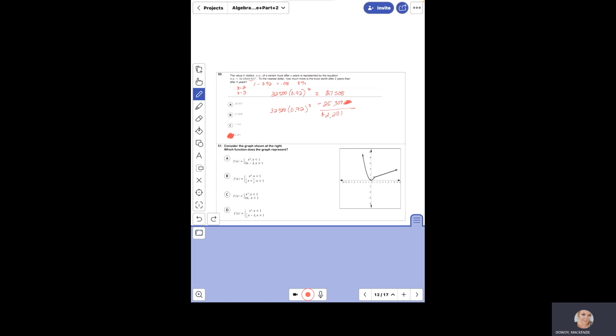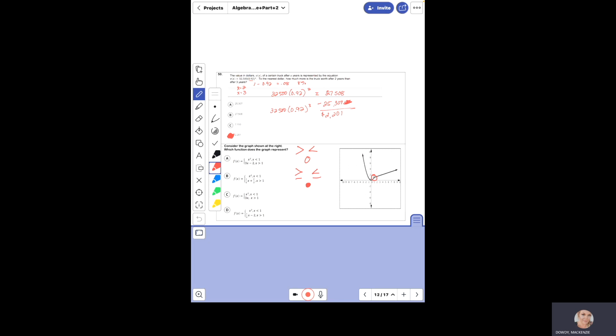So let's take a look at everything that we do know, okay? Remember, open dot is greater than or less than. Greater than or less than is an open dot. Greater than or equal to, less than or equal to is a closed dot. So we can see right here, we have a point on 1 and it's an open dot.